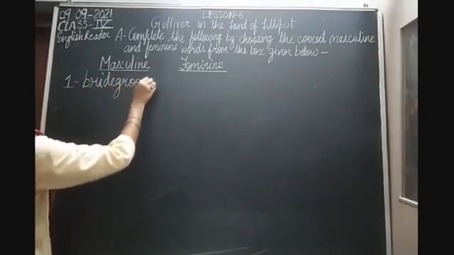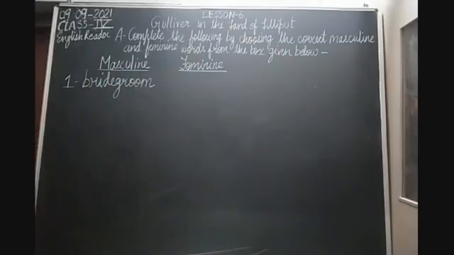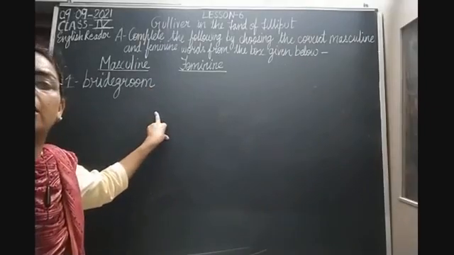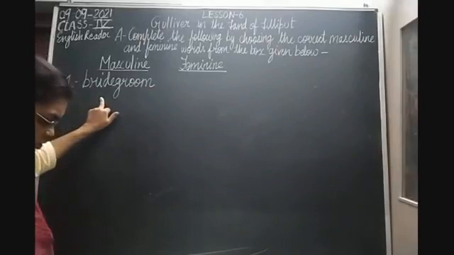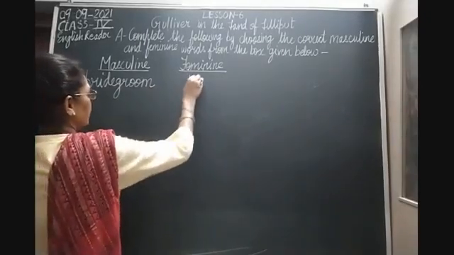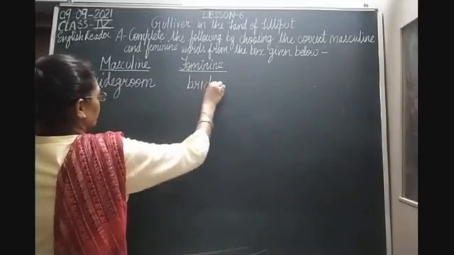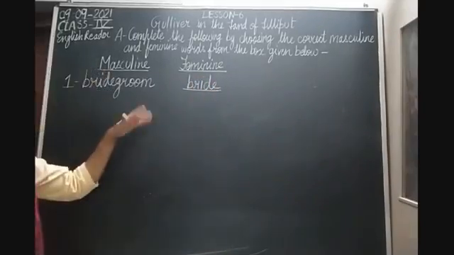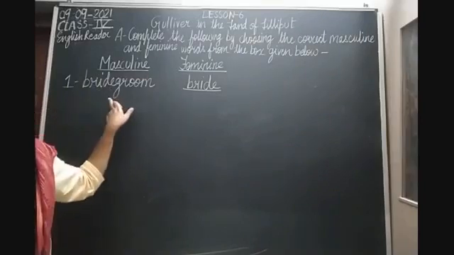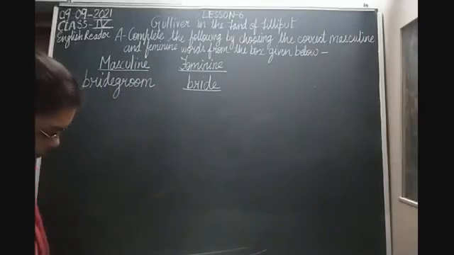Bridegroom, the boy who's getting married. And what is the opposite gender of bridegroom? Choose the correct word. That is bride. We have already done this in unit 12. Bridegroom, bride. Okay?